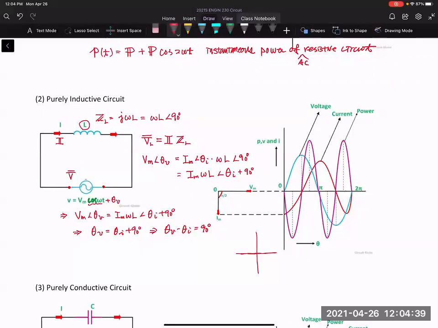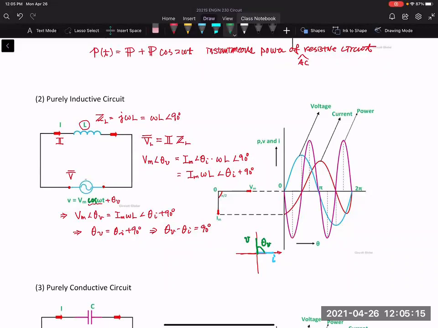This is a complex plane. If I is along this direction, if this is the I direction, and your V is going to be 90 degrees because I is at 0 degrees, right? So your V will be here, such that this is your theta V, and you minus theta I will be 90 degrees.